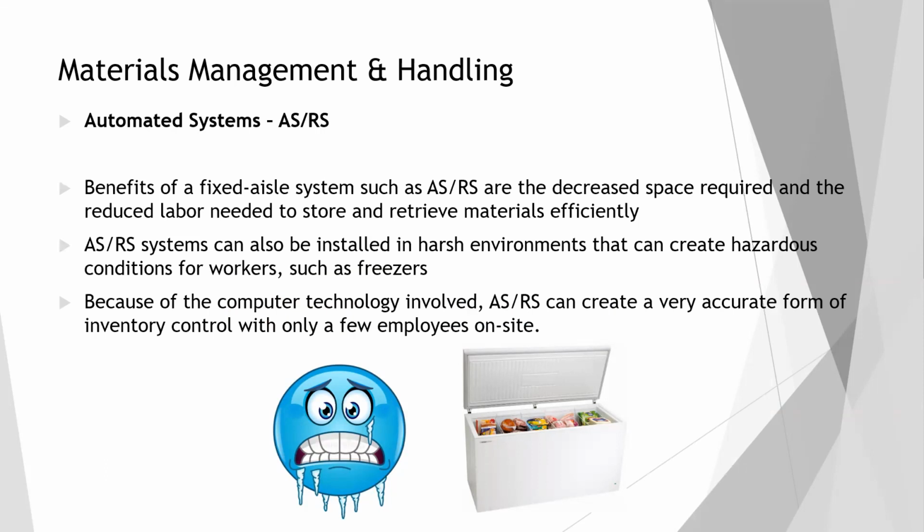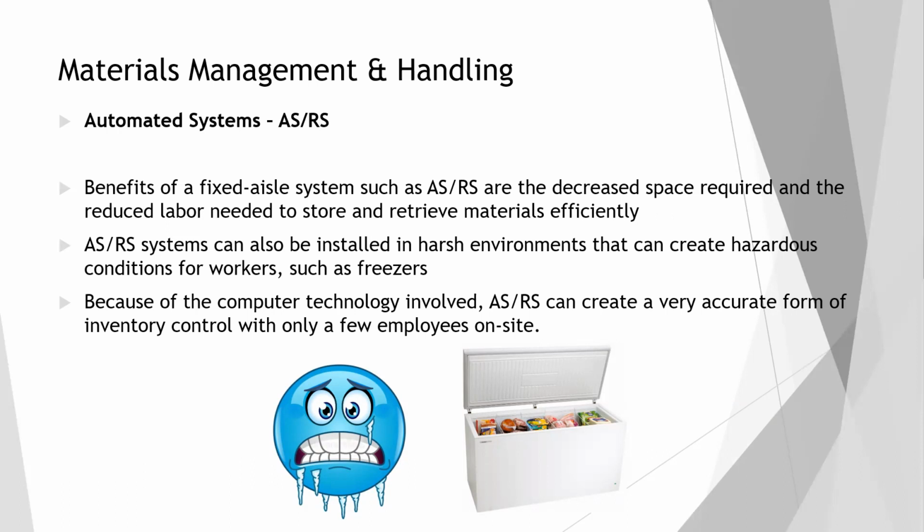The benefits of a fixed aisle system such as ASRS are the decreased space required. You saw how narrow the area between the shelving units is. It's incredibly narrow, and it goes floor to ceiling, so you're really decreasing the space required to hold all of the product and materials.